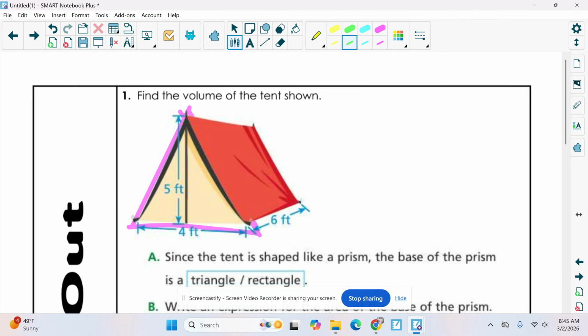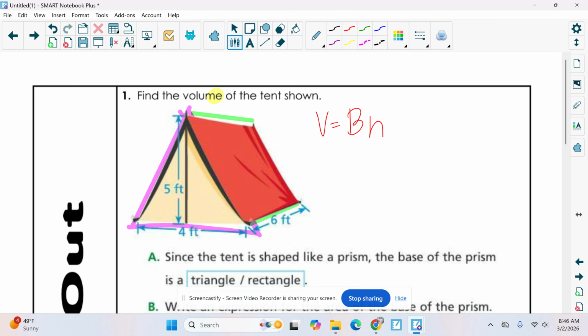Where would the height be? 6. That's 6 because it connects the two bases. We just can't see the other base in the back of the tent. We want to find the volume. So we need to know what is the volume formula. Well, volume equals the area of the base times the height.